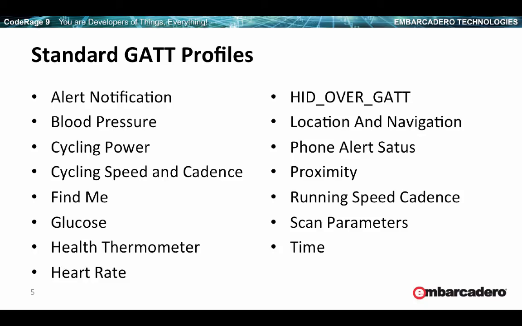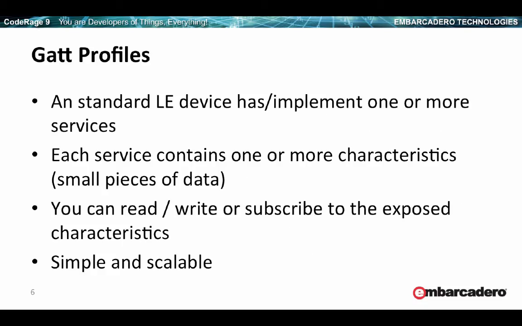In fact, any device where the power consumption is important and has to send just a few bytes of data is perfect for BluetoothLE. GATT defines a set of rules to build any other profile that can be discovered and used by other devices.